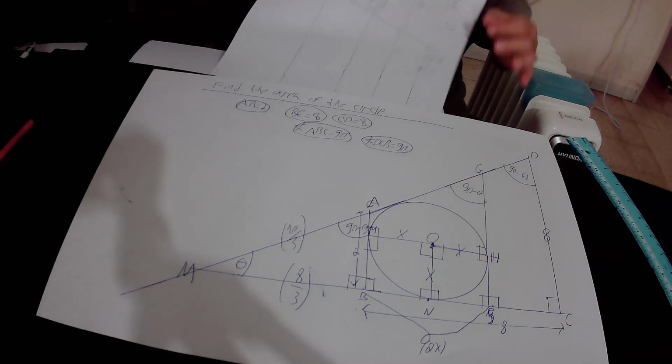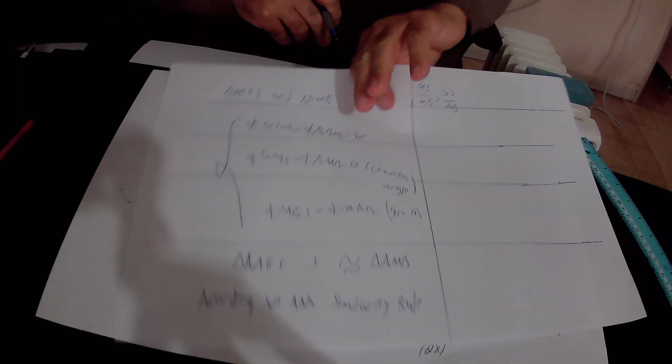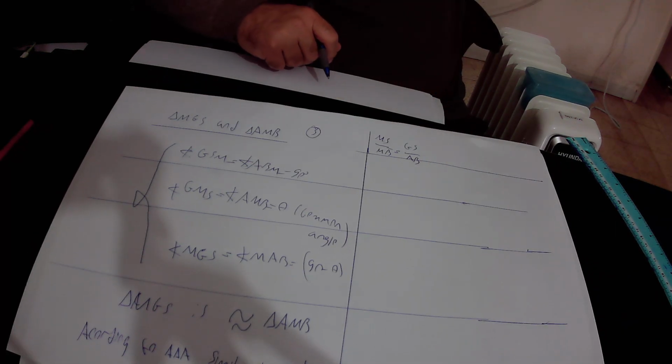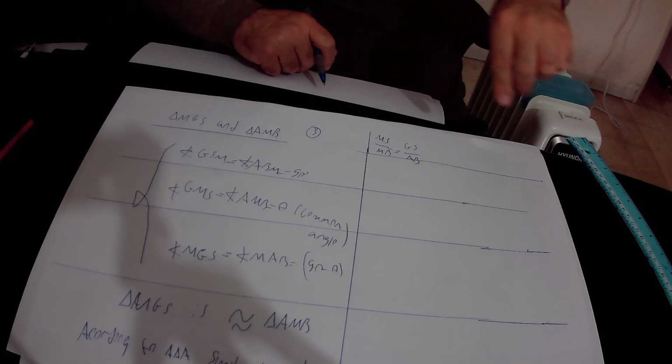Repeat again, MS over MB equals GS over AB.